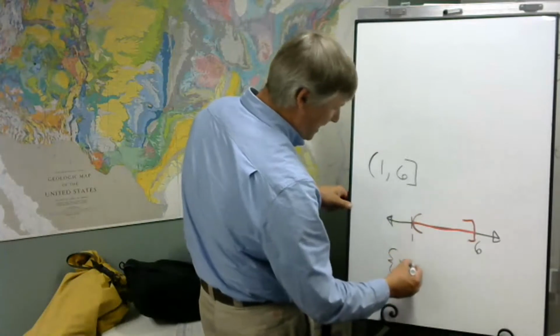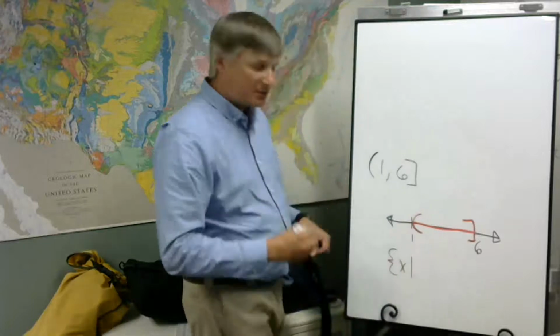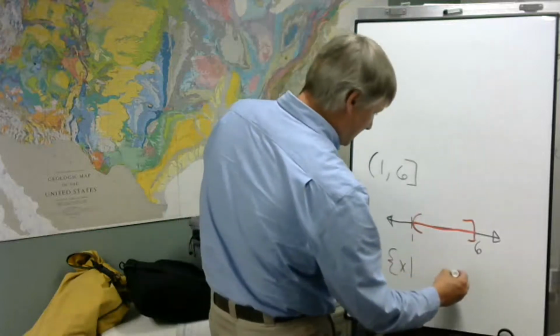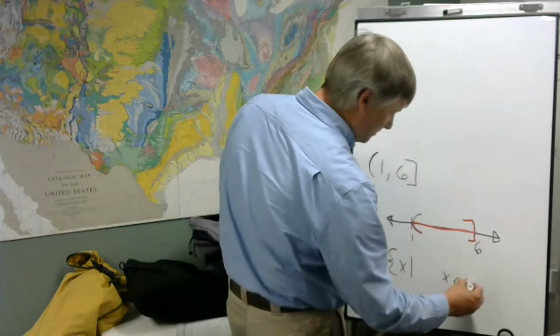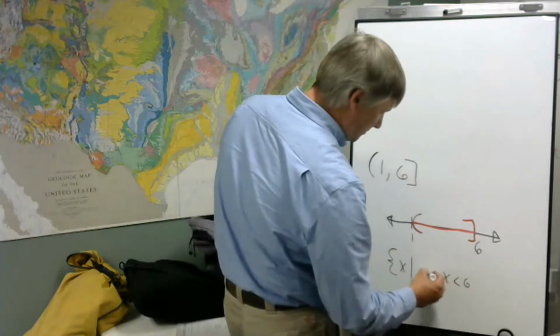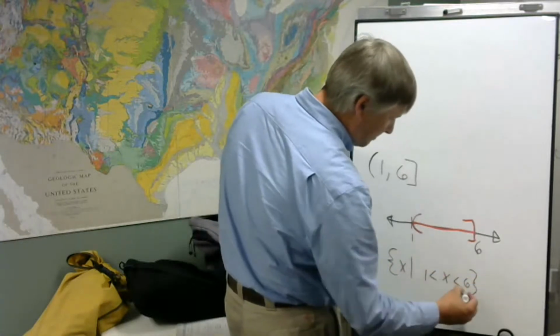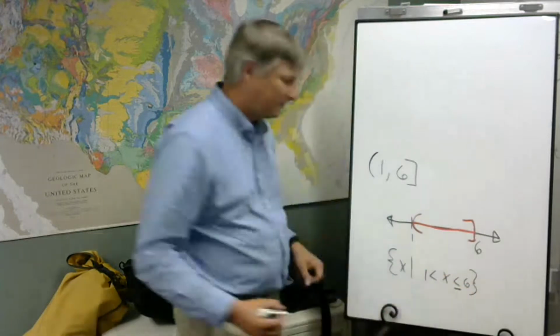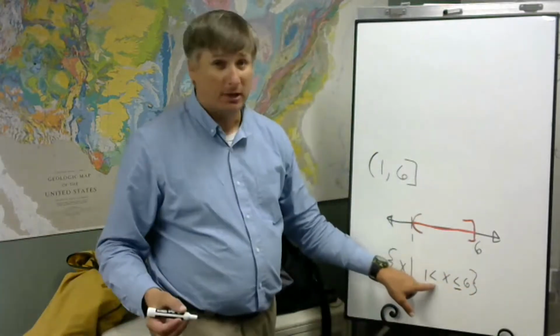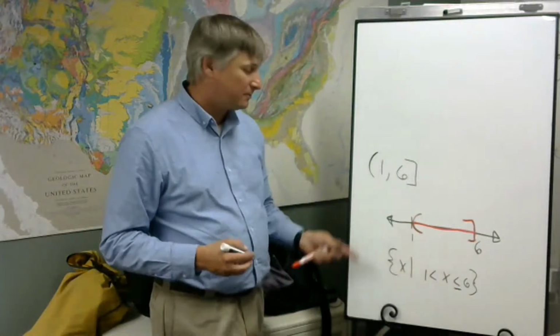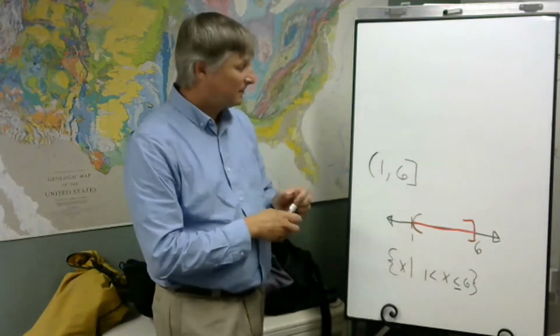It's all numbers x such that x will be between 1 and 6, but we do include 6. So x could equal 6, but it's not going to be equaling 1. So that's the roster notation version of this interval.